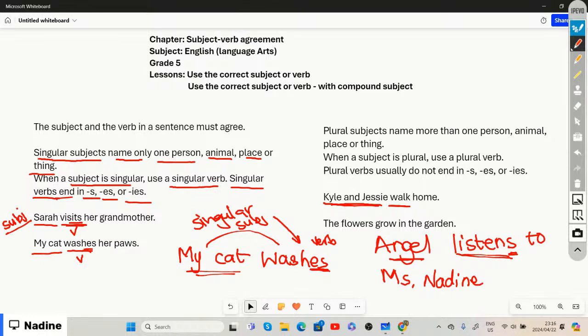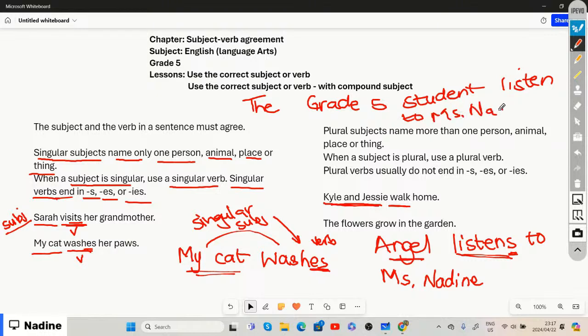So angel listens. And if we say the grade fives, because grade fives refer to all 14 of you, then we're going to say the grade five students, they listen to Miss Nadine, without the s, right?